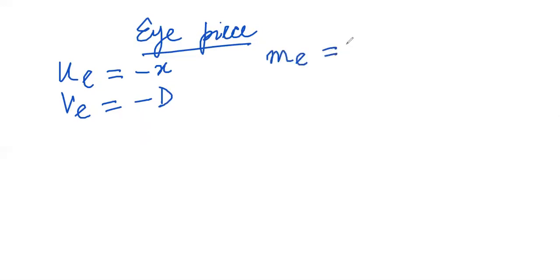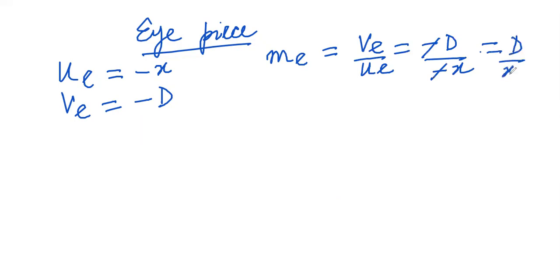Magnification for the eyepiece is equal to VE divided by UE. So I can write this as minus d by minus x. The minus minus gets cancelled, so I get d upon x as the magnification of the eyepiece.